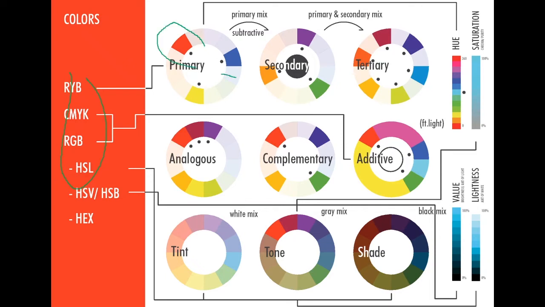RYB. Those are the primary colors that you can draw a rainbow with on paper. They are the primary traditional base colors on the color wheel, ready to be mixed. Then you mix each of those colors and you get the secondary colors. You mix in a subtractive way.